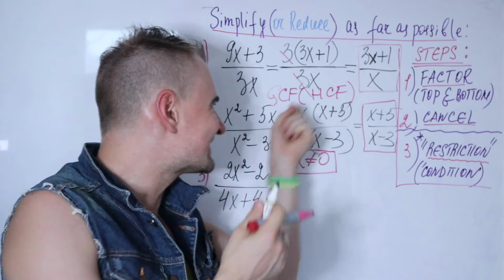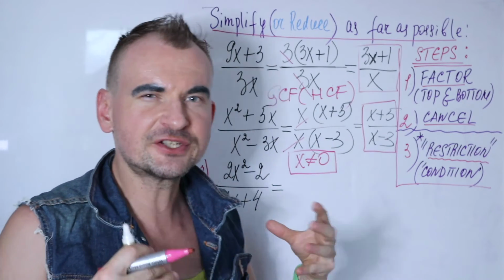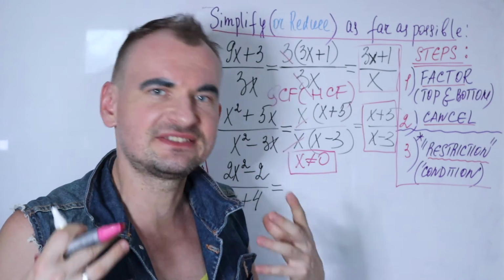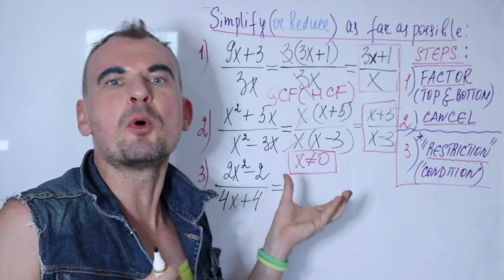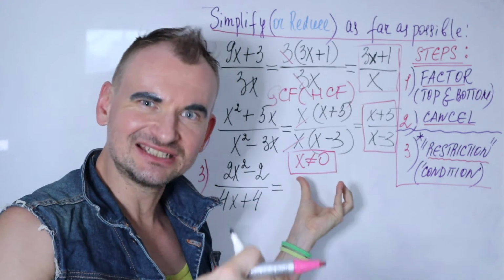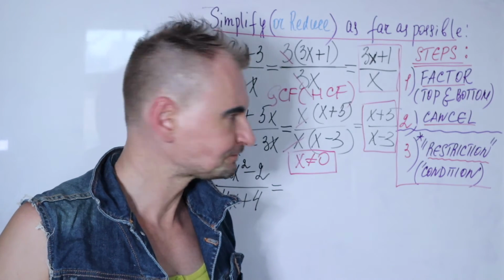Every time you do cancellation with terms, the terms you cancel off would create this 0 problem, this division problem. So just spot it, identify it, pull it aside and write out this condition.